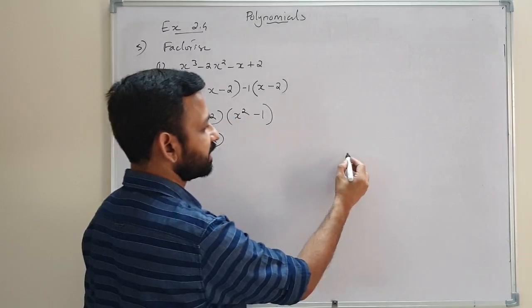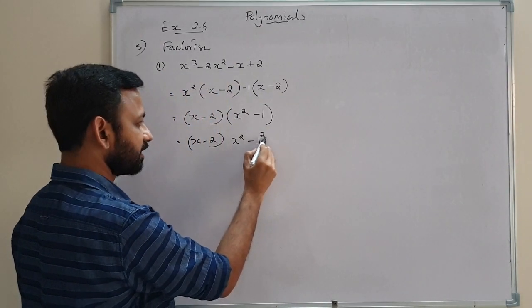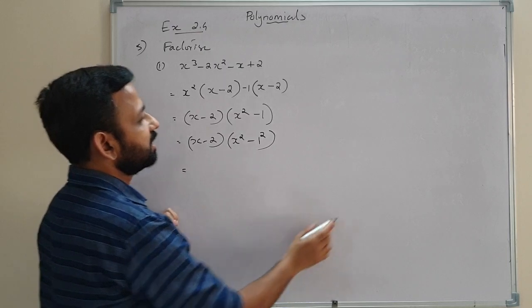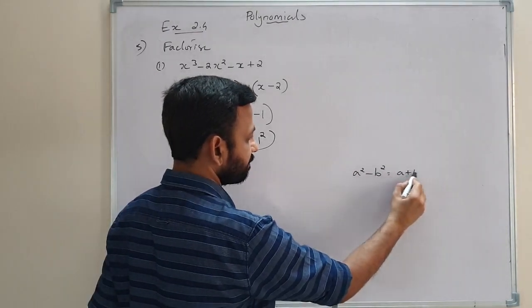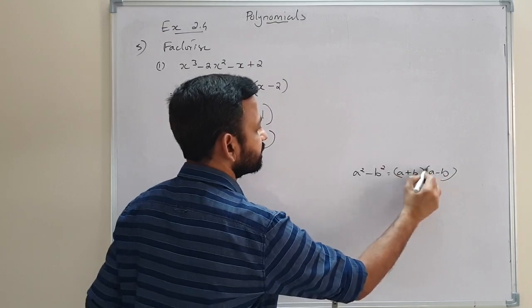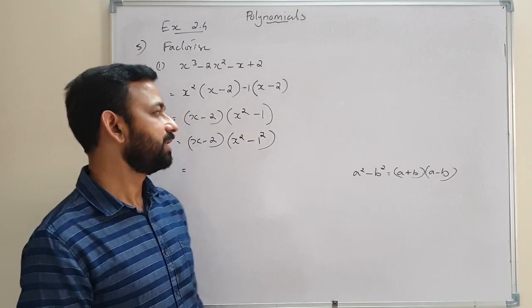x square minus 1, as you studied in lower classes, we can write as x square minus 1 square. In lower classes you studied the identity a square minus b square equals a plus b into a minus b.